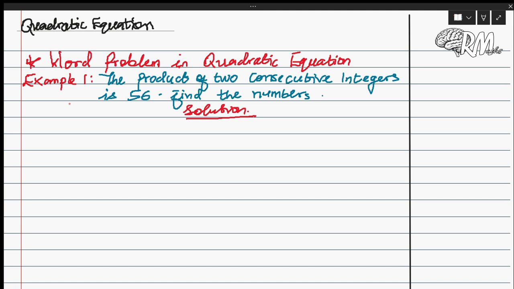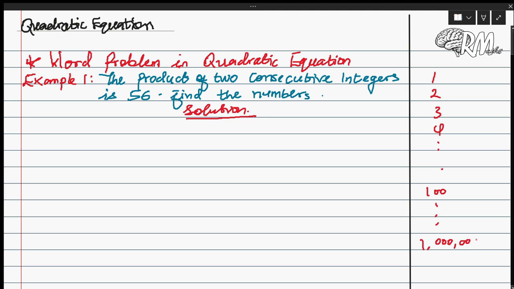Now, example 1, which says the product of two consecutive integers is 56. Find the numbers. Now, consecutive integer, first of all, integer simply means just number. Like if I have 1, 2, 3, 4, all to 100, all to 1 million.